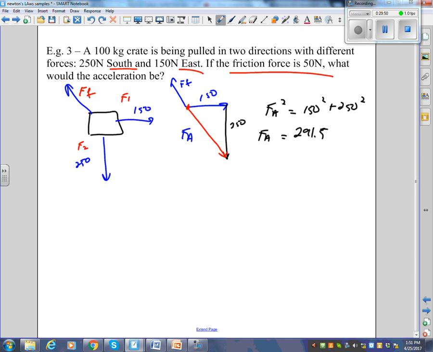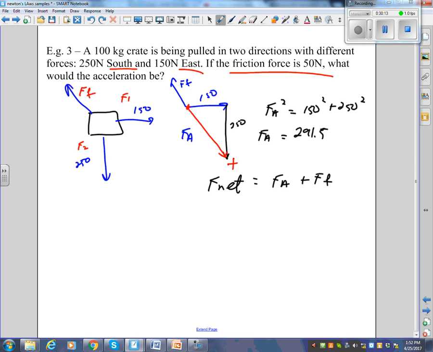Okay, so now you're going to say F net is equal to the applied force plus the friction force. Now, this FA is at a certain angle. Can we, for the purposes of this portion, just declare that direction is positive?